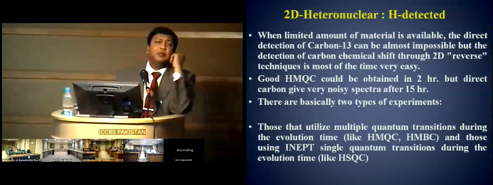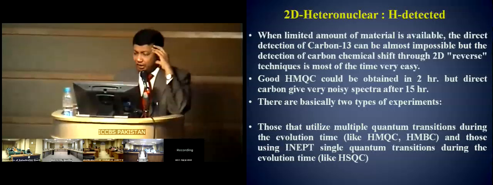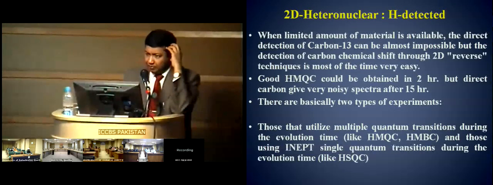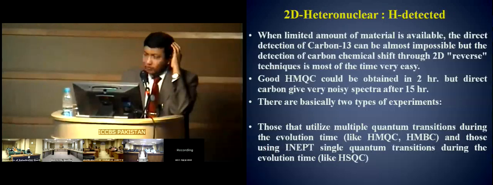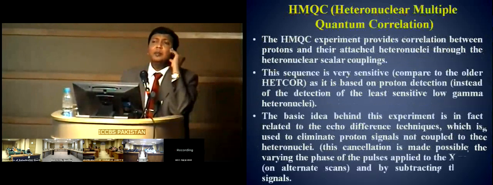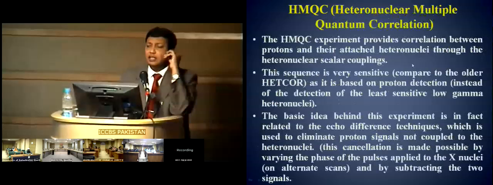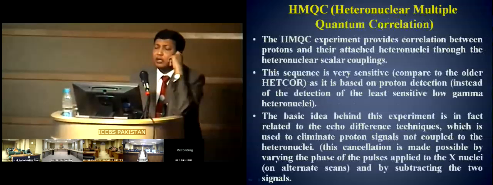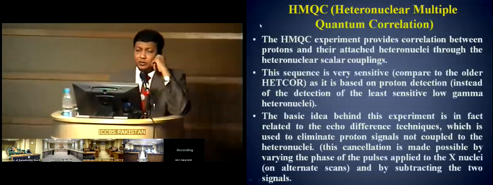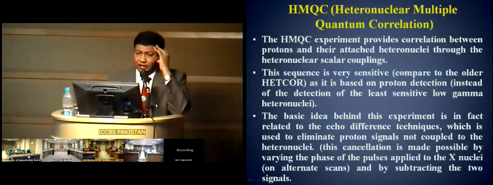And that is the reason why people always use it. Now I will try to explain what that primarily means, but let me first convince you that when you do a proton detected HMQC, heteronuclear multiple quantum coherence, there are in fact three experiments: HMQC, HSQC, single quantum coherence, and HMBC, heteronuclear multiple bond coherence.